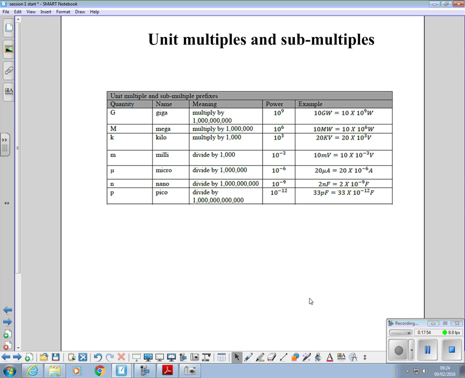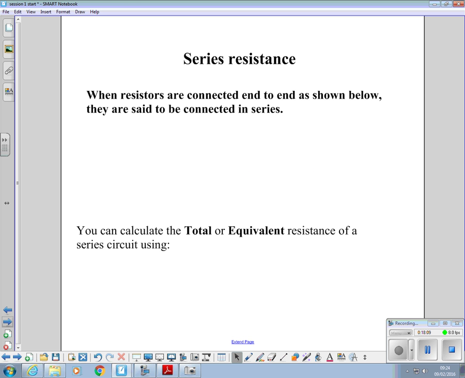Okay, so we'll be having a look at some examples in part 2 of using those. But just be aware that that's needed because all your units must be in the same multiple.